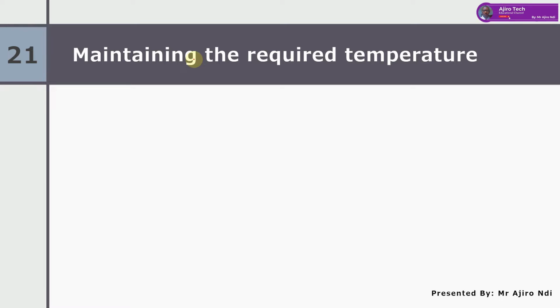So the first one we have here is the preset value, and this is done using what? A keypad. The computer will receive the data about the temperature of the greenhouse from the temperature sensor.